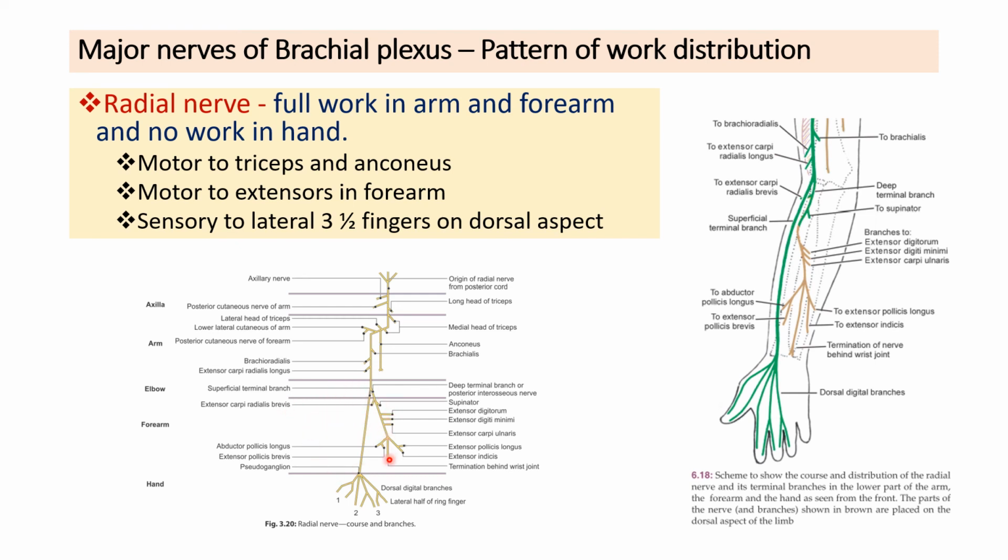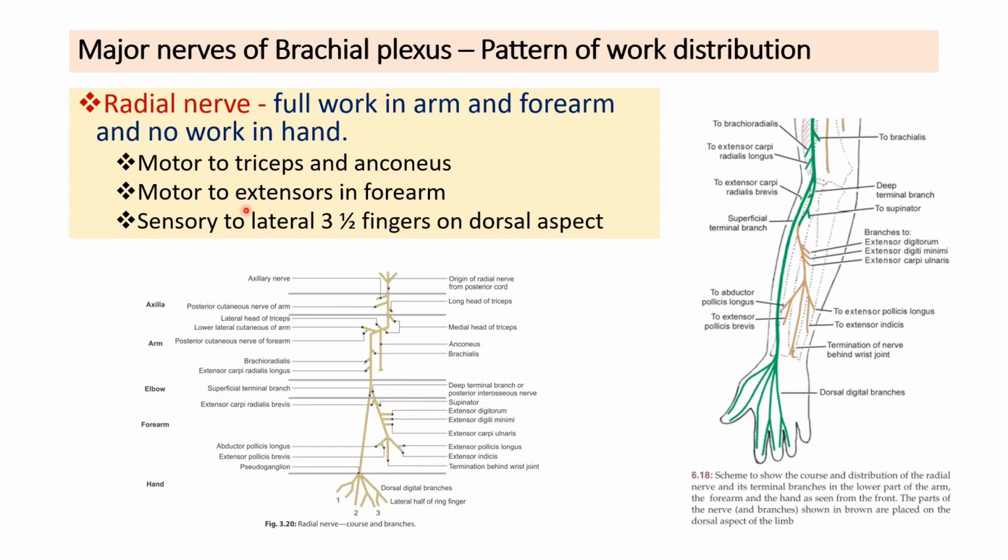Then there is the distribution to the abductor pollicis longus, extensor pollicis brevis, the extensor carpi radialis brevis you are seeing. So it's giving almost all the motor branches. Major contribution you are seeing both in the arm and forearm. So it is giving motor branches to the muscles in the extensor or posterior compartment of arm and forearm, and it's giving only cutaneous branches in the hand, so no work in the hand.